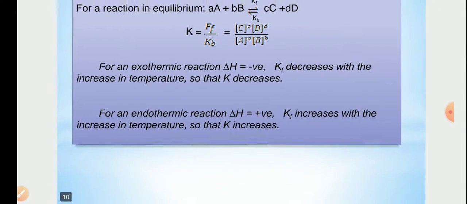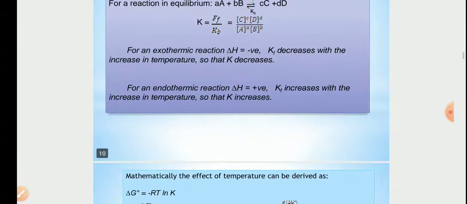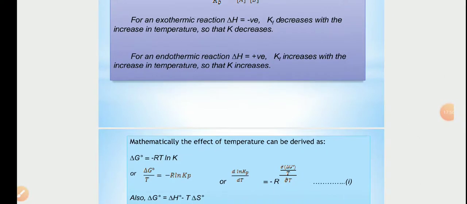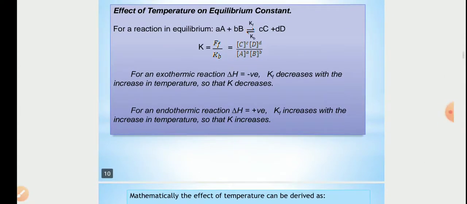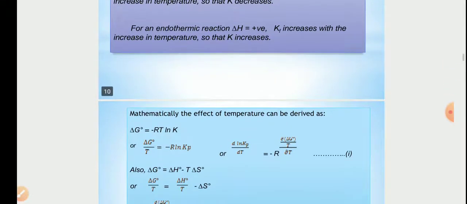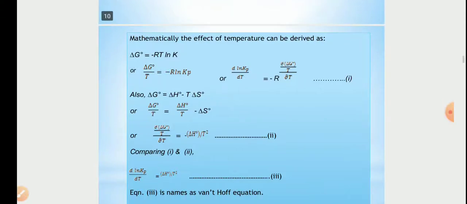So there are lots of parameters which can change the equilibrium constant value. That is, for endothermic and exothermic reactions, it will be reflected.